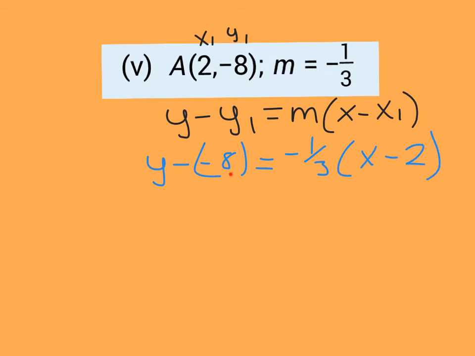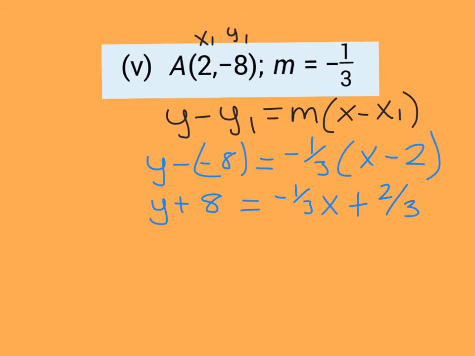I'm going to go ahead and simplify here and bring in this minus a third into the bracket. So I have y plus 8, because minus by minus gives me plus, equals minus a third by x gives me minus 1/3 x, and then minus a third by minus 2 gives me plus 2/3.